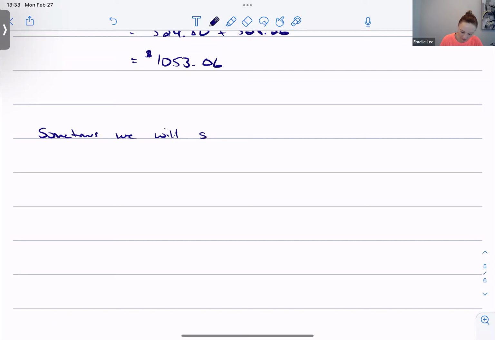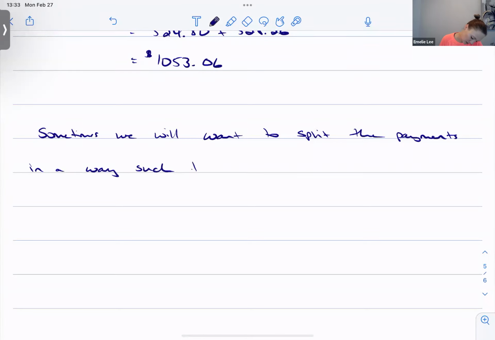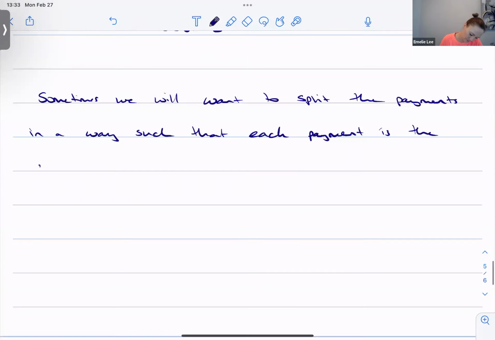Sometimes we will want to split the payments in a way such that each payment is the same, right?